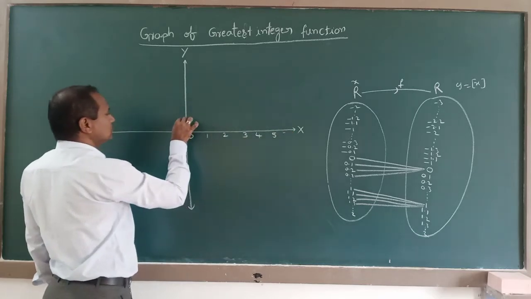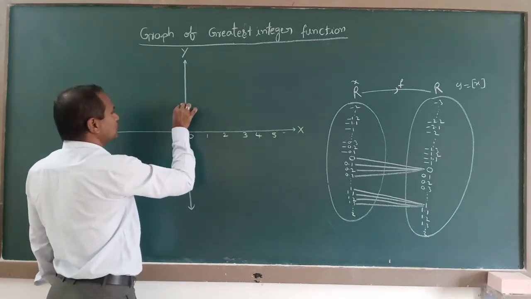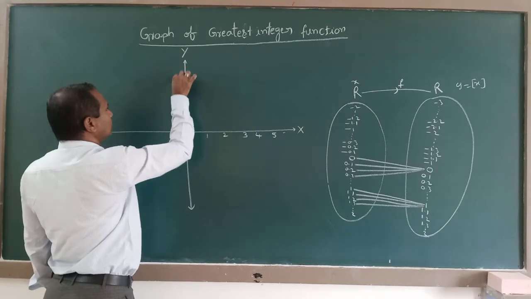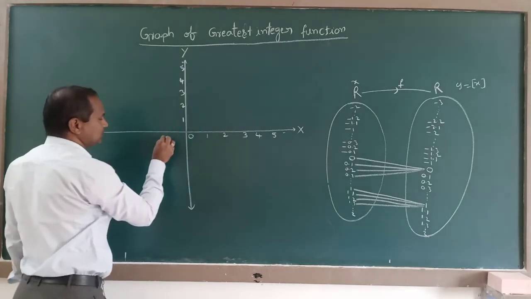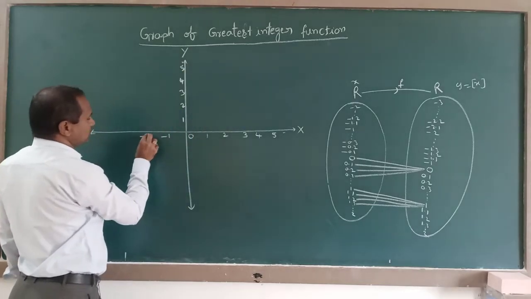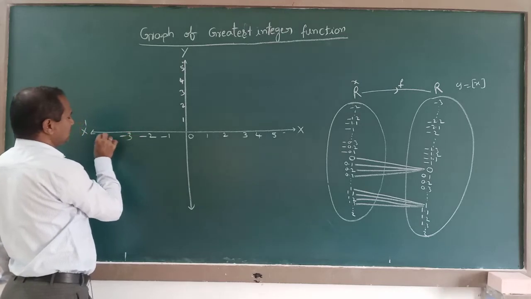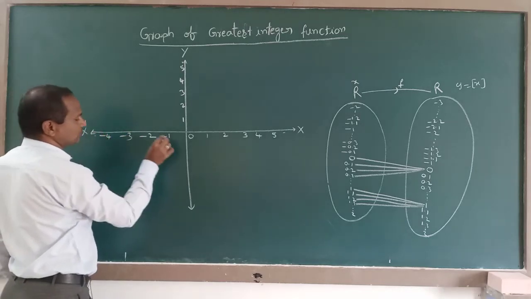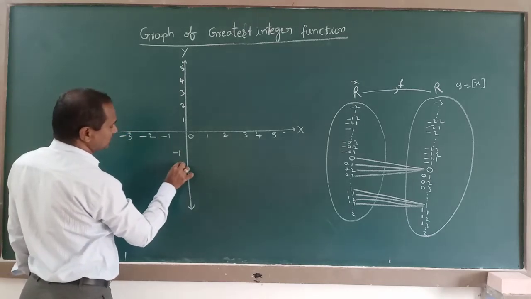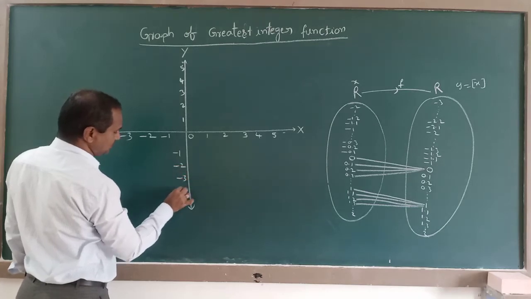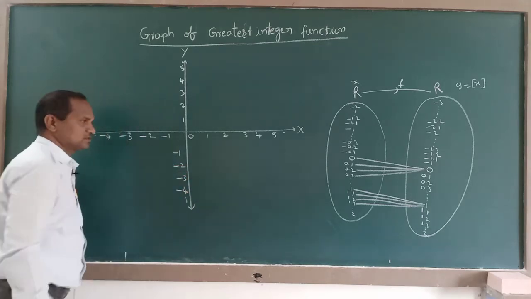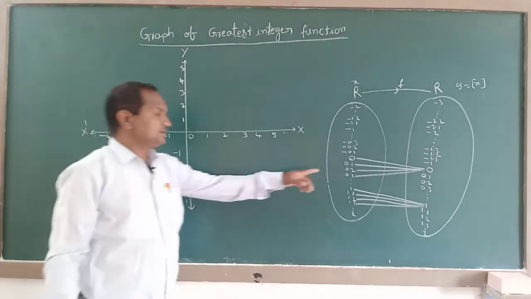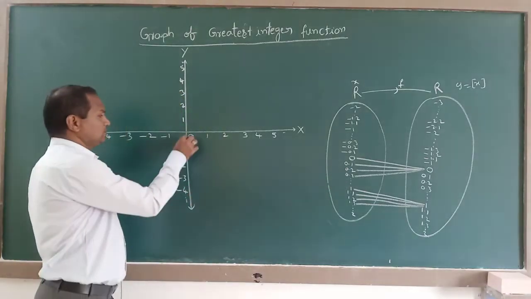Here also 1, 2, 3, 4, 5 and so on. Here -1, -2, -3, -4 and so on. Here -1, -2, -3, -4 and so on. This is exactly 0 to 0 here.